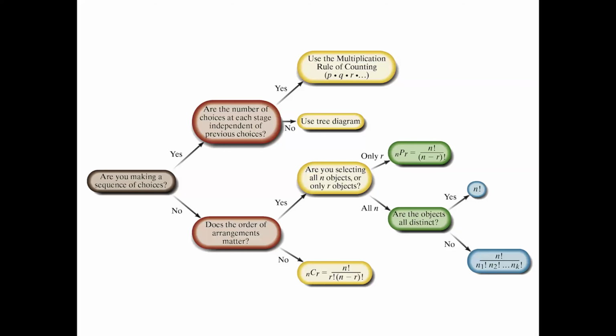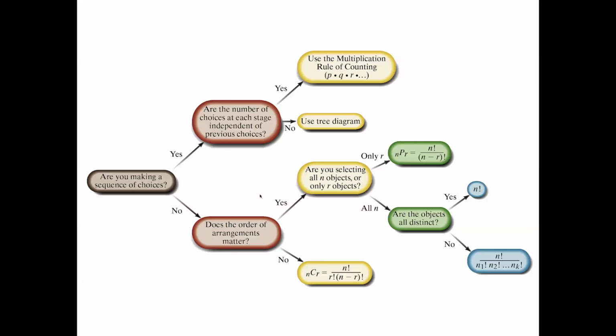The examples are escaping me, but we had to list out all our choices because there was dependence on the issue. In other words, if you made a choice, you may not have been able to make that choice again. Okay, so that means you're pulling it from the pool, and this means non-replacement. If you're not replacing it, you've got to go ahead and use a tree diagram.